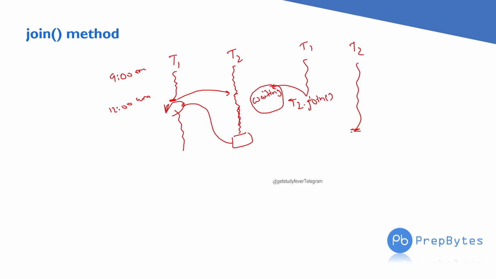When T2 completes, a notification goes to the waiting state that it is complete, then T1 can again come and resume the execution. T1 has to wait for T2, so T1 will call T2.join. This is important, do not get confused about which thread calls which function: the one that has to wait calls the function on the other thread. So T2.join.